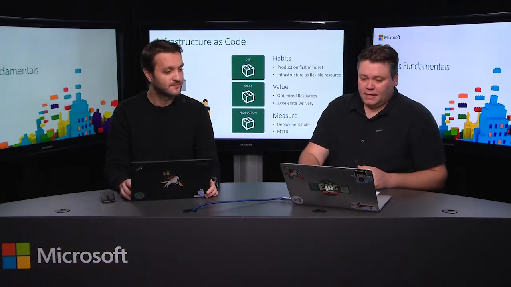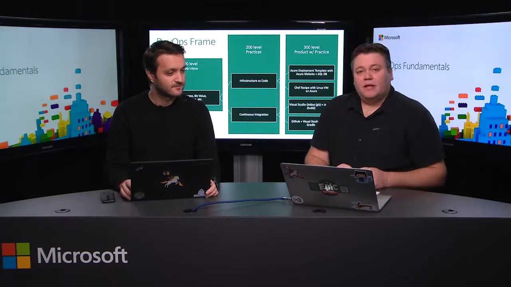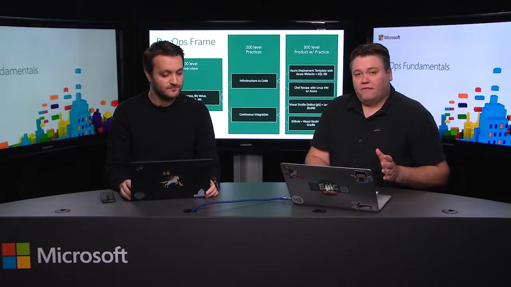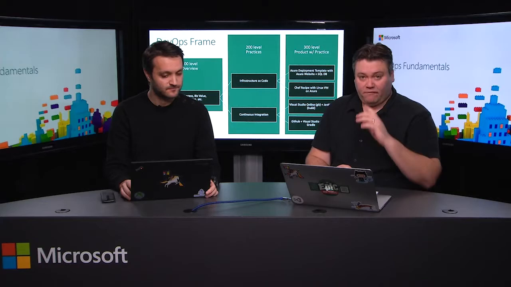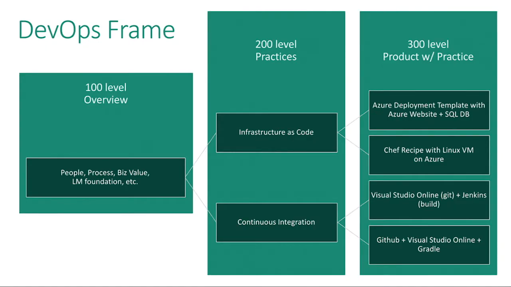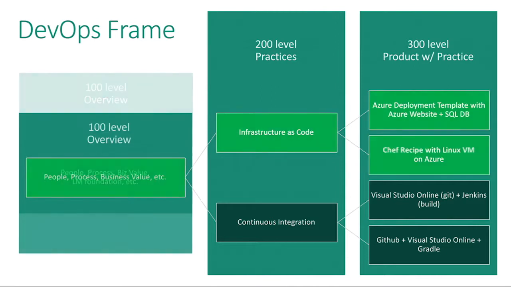Cool. So, if you watched the first episode that we had, an introduction to DevOps, we introduced this idea of a DevOps frame where we map 300-level technologies back to DevOps. In this case, at the 100 level, we have the people and business practices that DevOps defines.